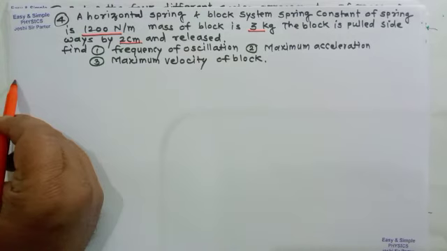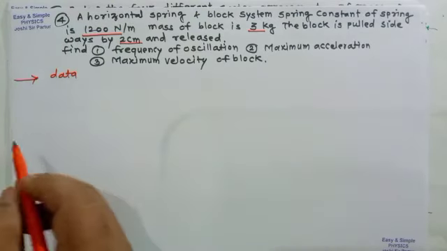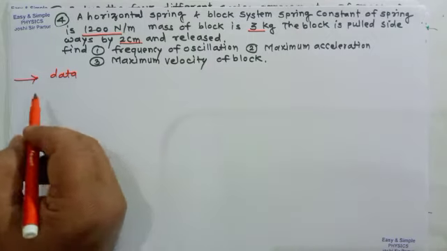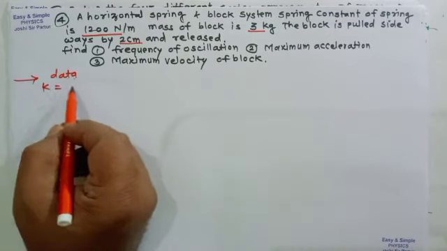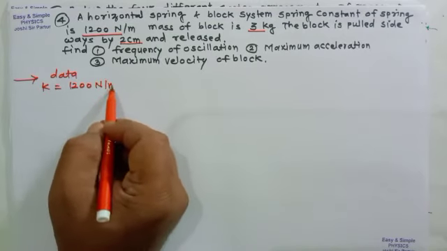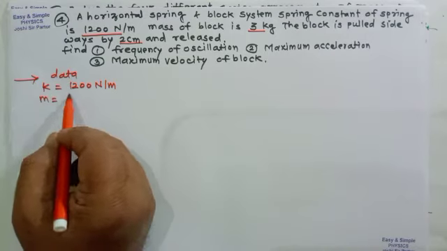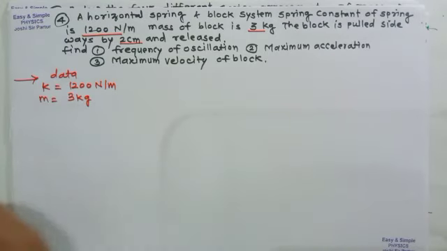Here data is given. So we can write the spring constant K is 1200 Newton per meter. Mass of the block is 3 kg.